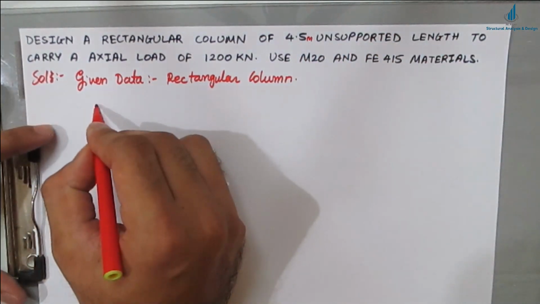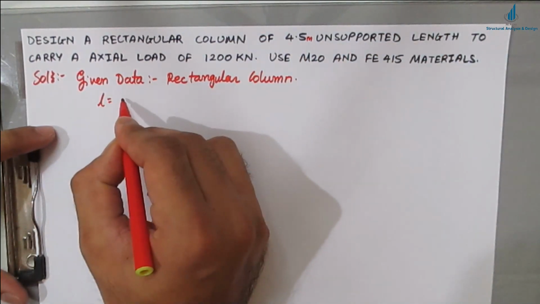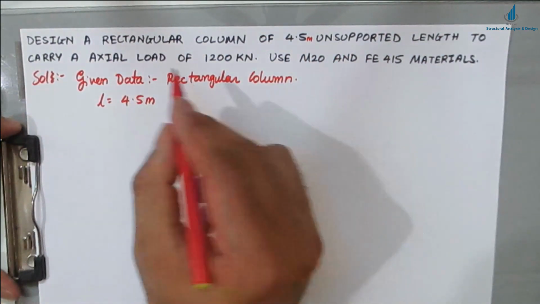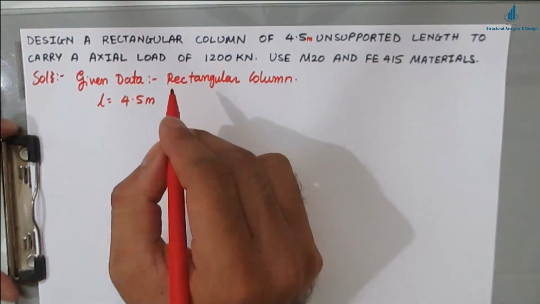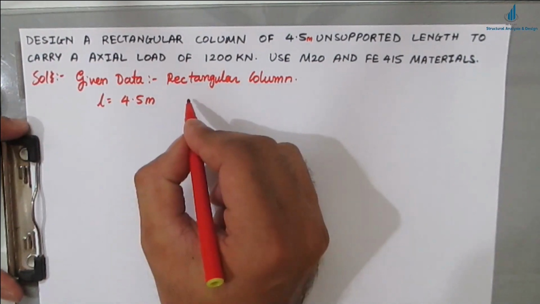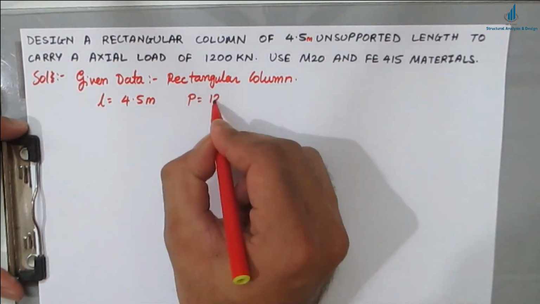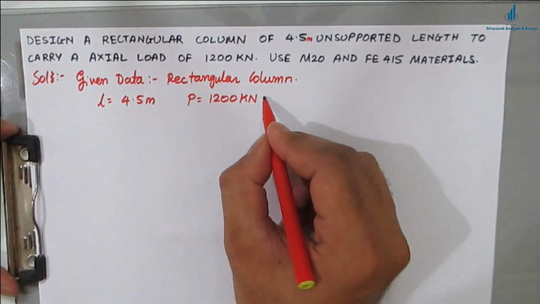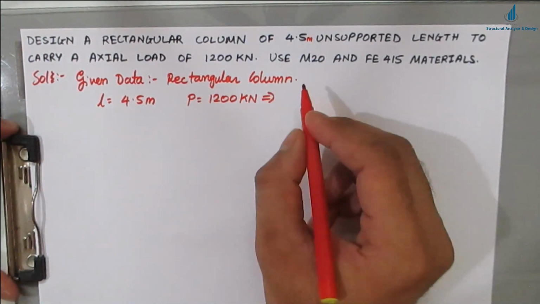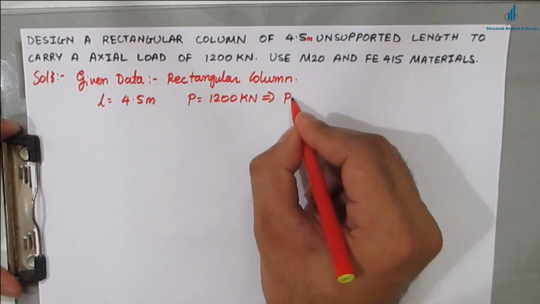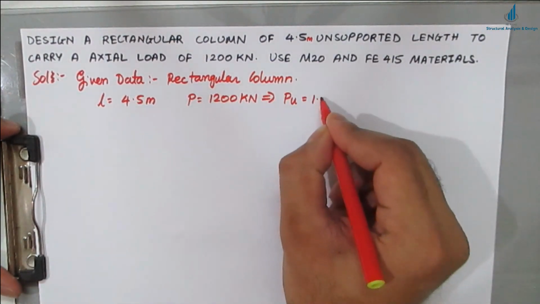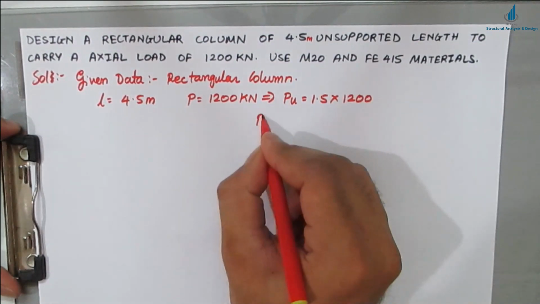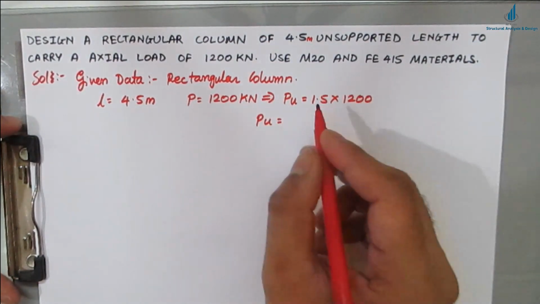We'll designate it as small l, 4.5 meter, which is the unsupported length, to carry an axial load of 1200 kilonewton. So P they have given is 1200 kilonewton, and we will convert it into ultimate load, that will be Pu, which equals 1.5 into 1200. Then this Pu becomes 1800 kilonewton.